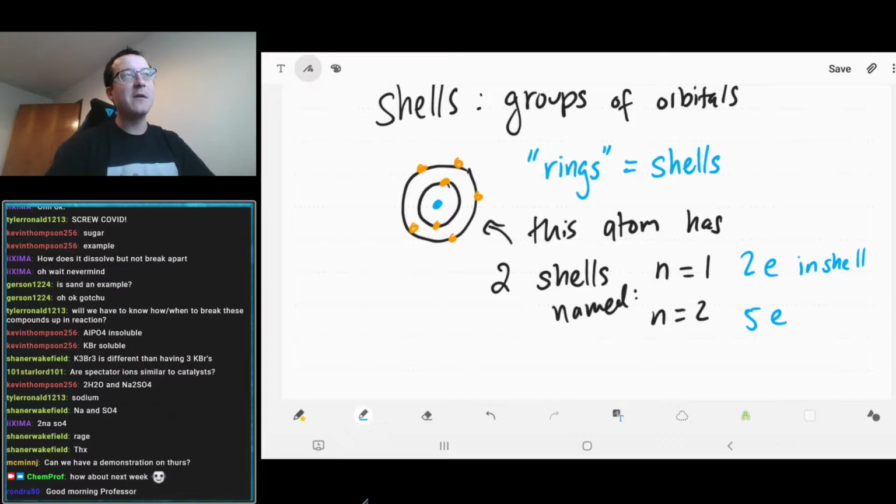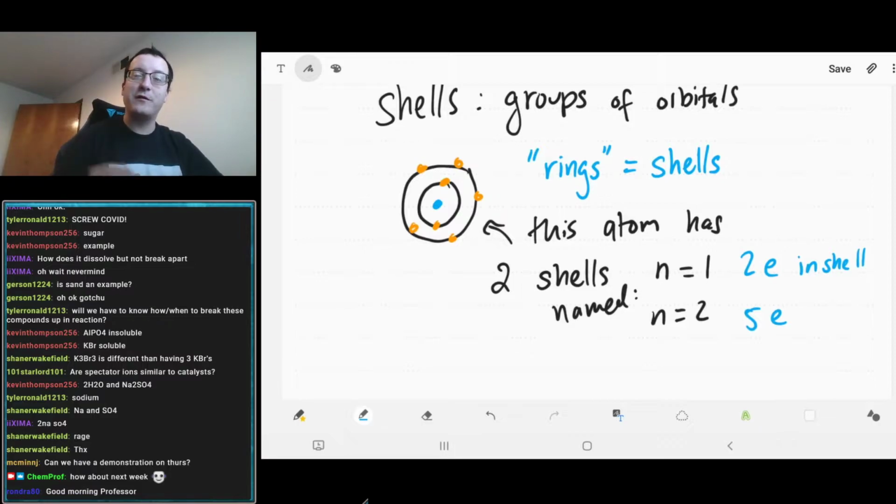So this particular model, it's pretty good, but there are a few drawbacks because we're going to see, particularly in this second shell and going forward, that this model has those 5 electrons kind of equal energy, as in they're all just kind of in this circle around the atom. But we have learned more recently that those electrons will have different energies.